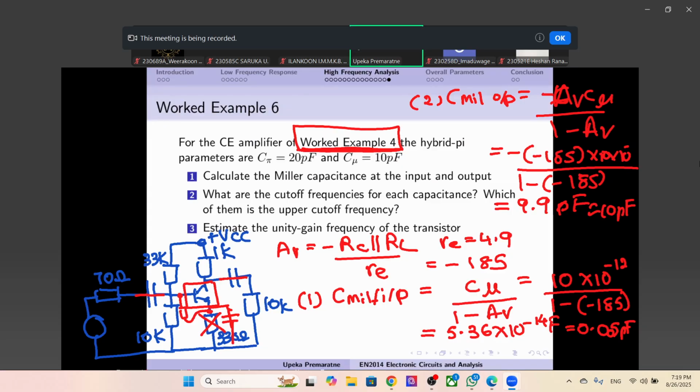Next, let's calculate the cutoff frequencies for each capacitance, right? So again, we are going to use the relaxation circuit. Let me clear this.